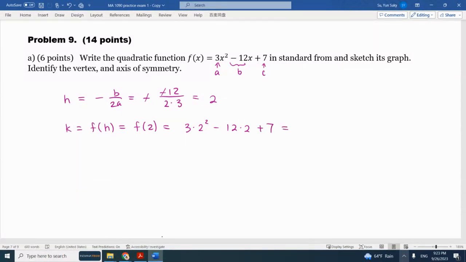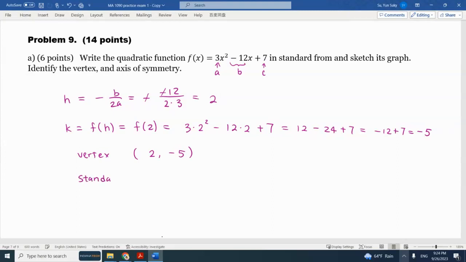And 2 squared is 4, 3 times 4, 12, 12 times 2, 24, plus 7. 12 minus 24 is minus 12, plus 7 is minus 5. So minus 5, that's the k. Now you know the vertex is h, k. H is 2, k is minus 5.